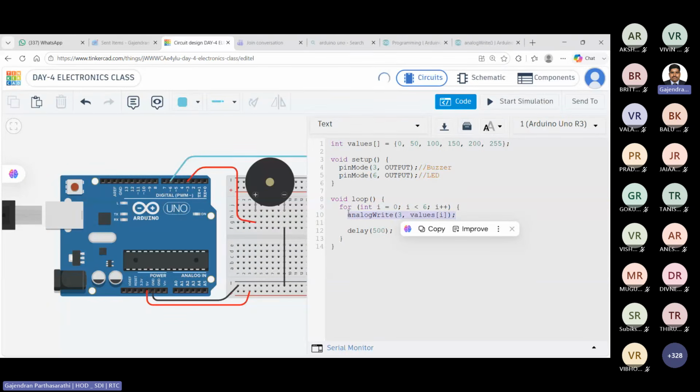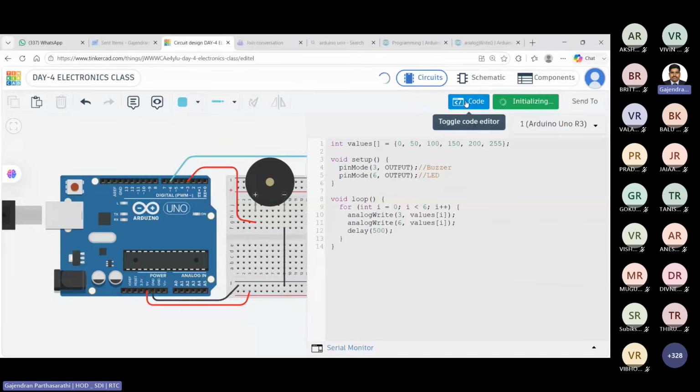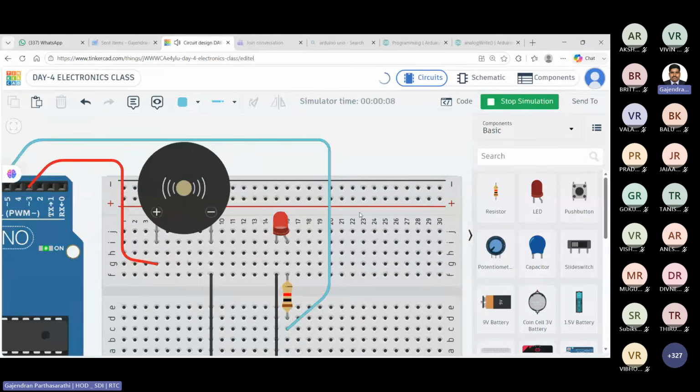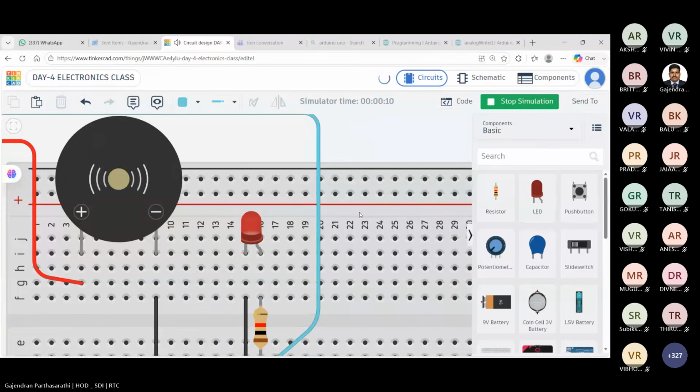A small modification. Now check the simulation output. See, our buzzer sound and LED brightness are slowly increasing. Please check.